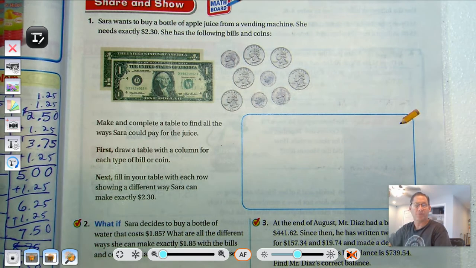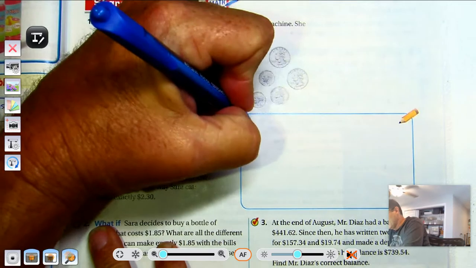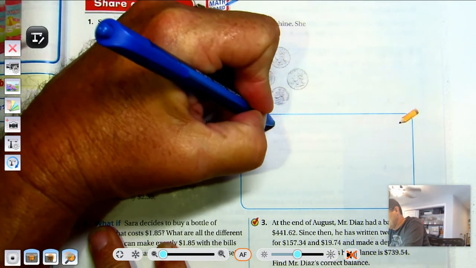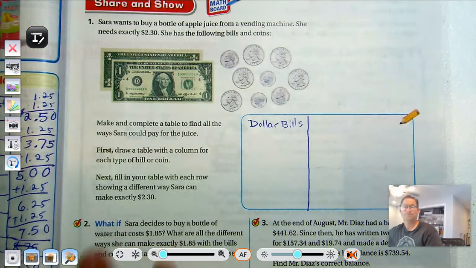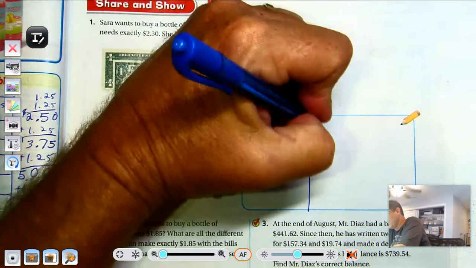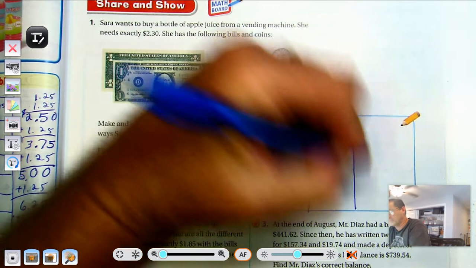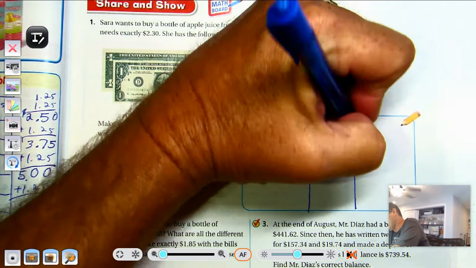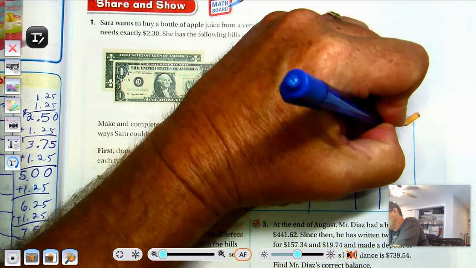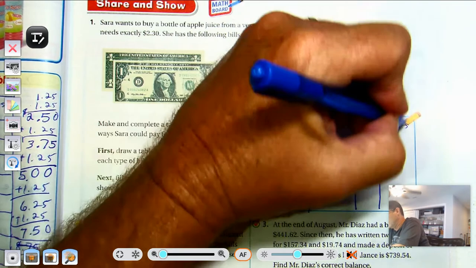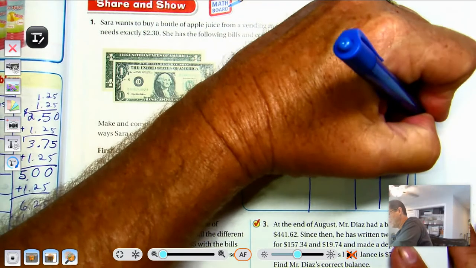All right, so first draw a table with a column for each type of bill or coin. So we could say dollar bills, quarters, dimes, nickels, and then we'd have the total amount, right?